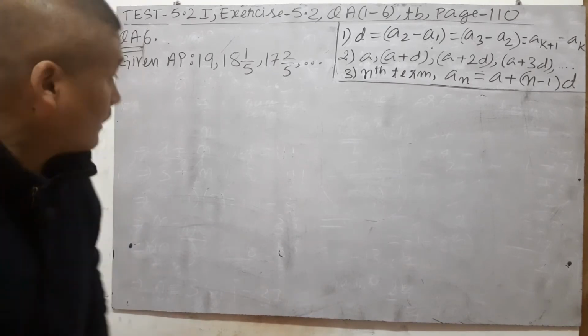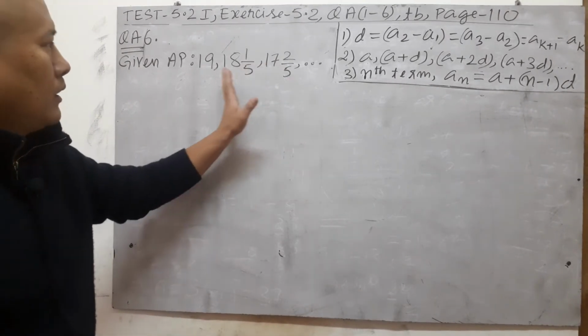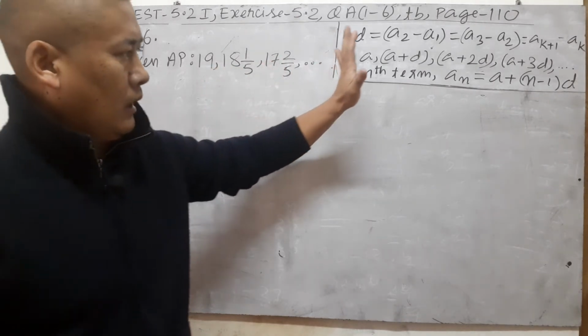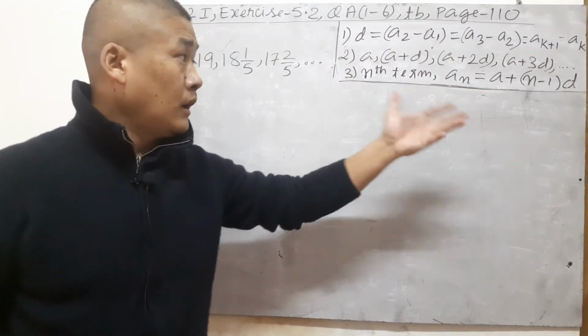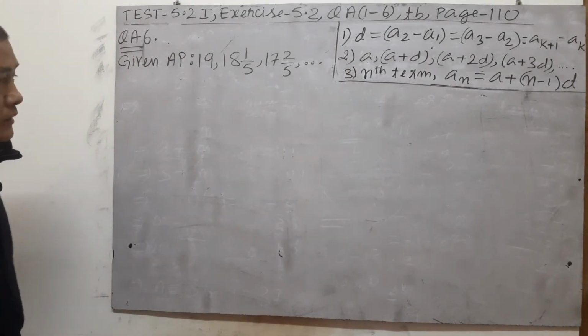Okay. So in this AP, which term, A1, A2, A3, A10 or A28, whatever, is the term that is going to be the first negative term?